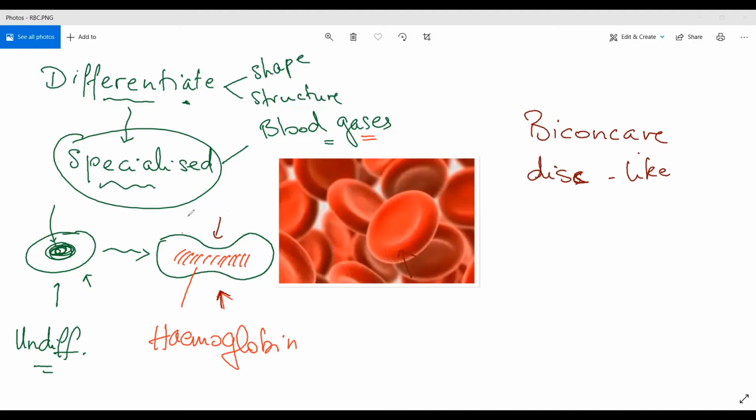Now, here I say that these are adaptations. But what's the meaning of an adaptation? It means a certain change that happened. Differentiation is a type of adaptation in order to allow these cells to perform their function.